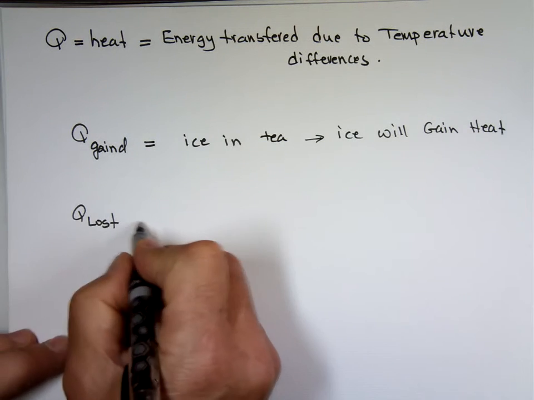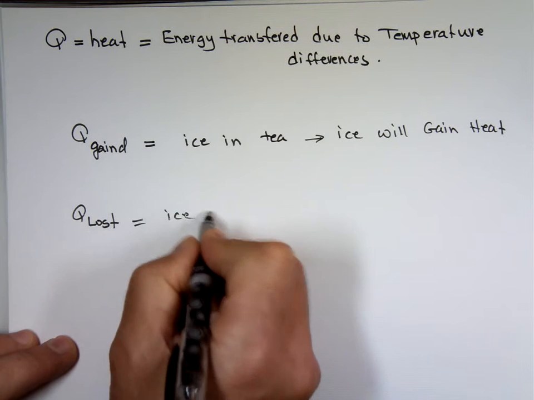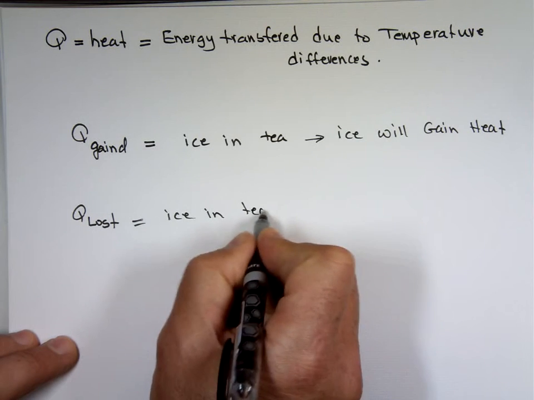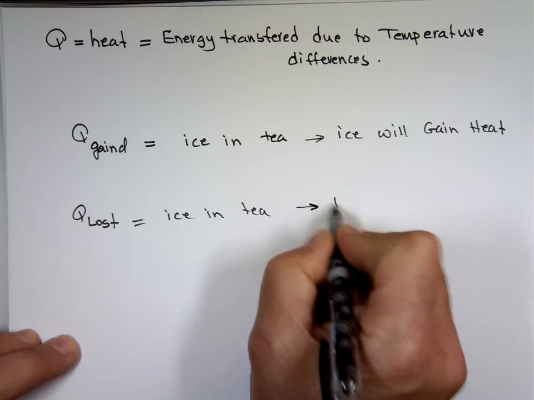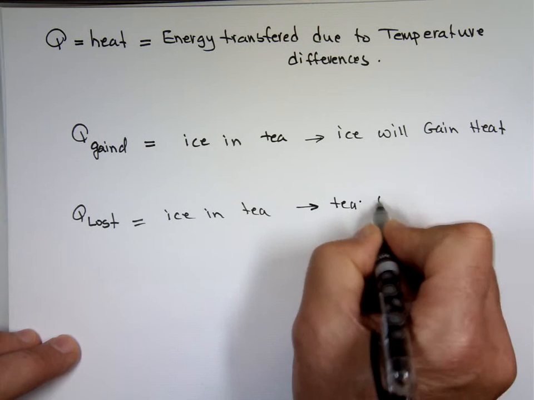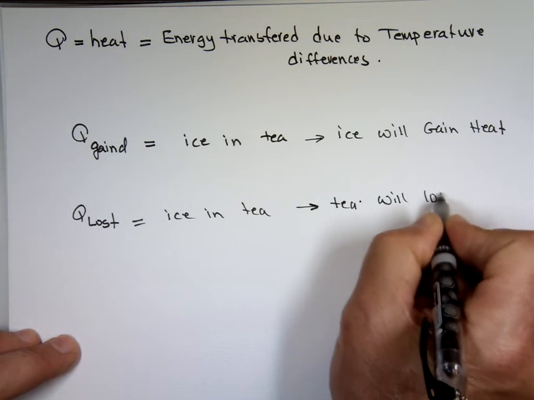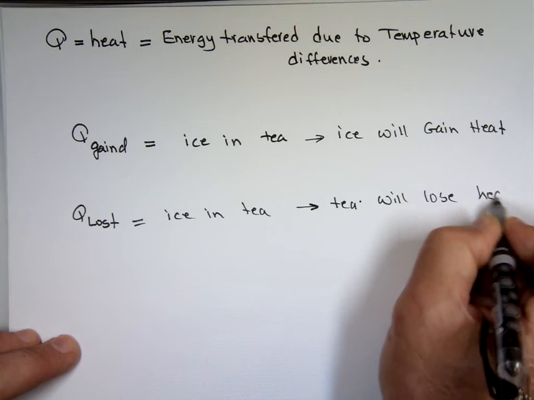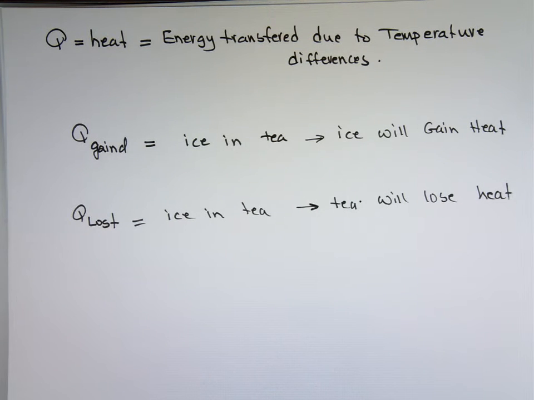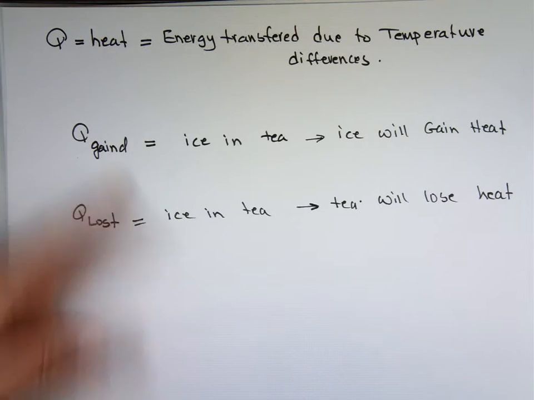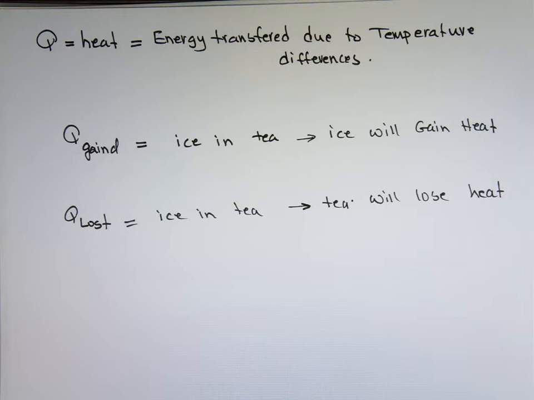The same example, if I take ice and hot tea, the tea will lose some heat because the tea is hot, ice is cold, the tea temperature will drop down. That's the heat loss, and that's the heat gain. So heat could be either gained or lost.